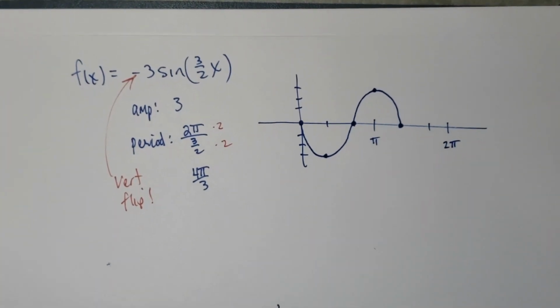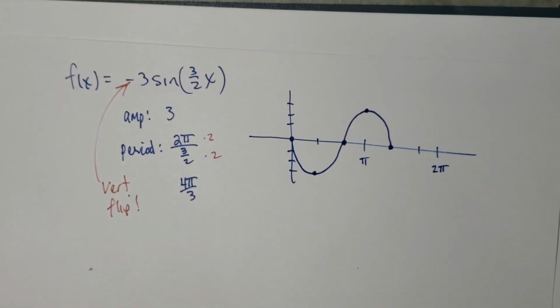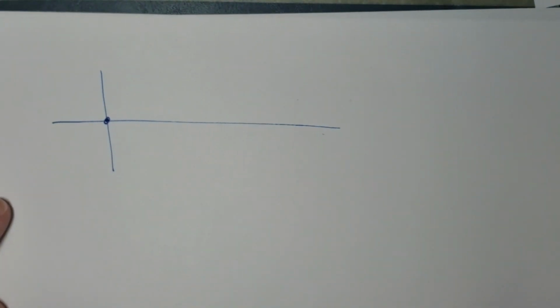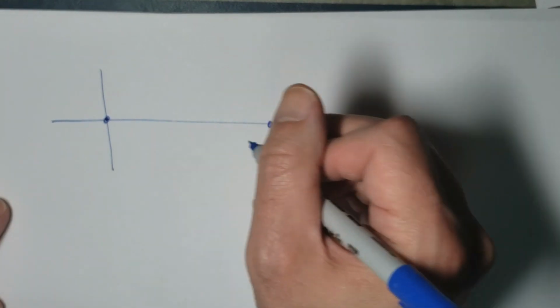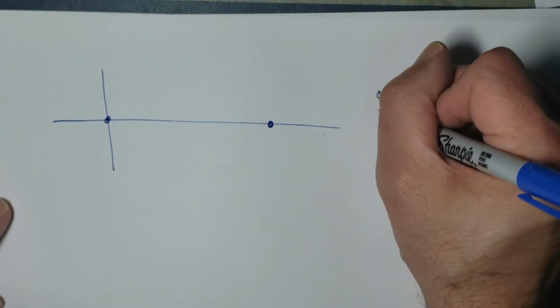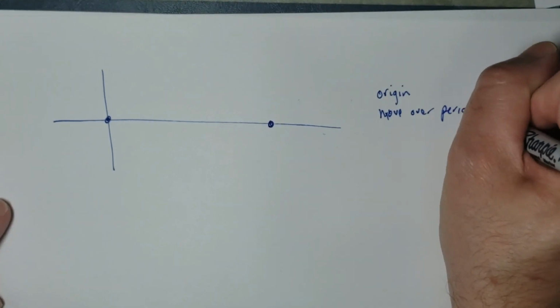All right, so just to recap the way you're going to go about doing these, you're going to start by graphing the point at the origin. Then you move over the period. And then you're going to find the middle of that.